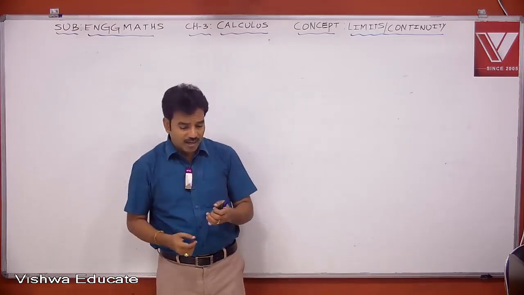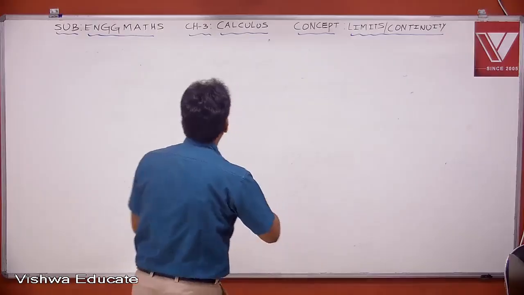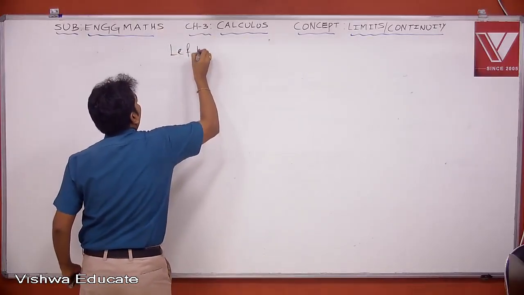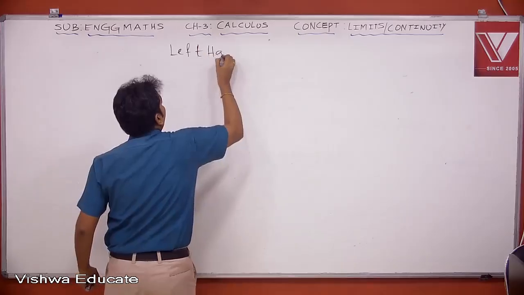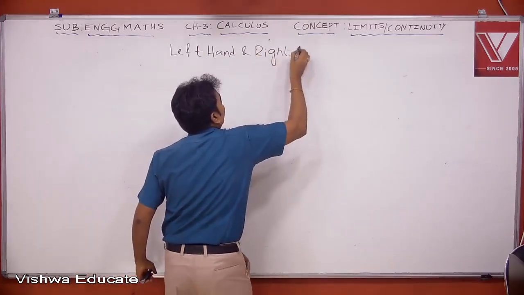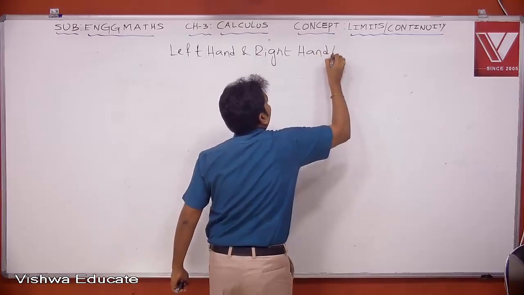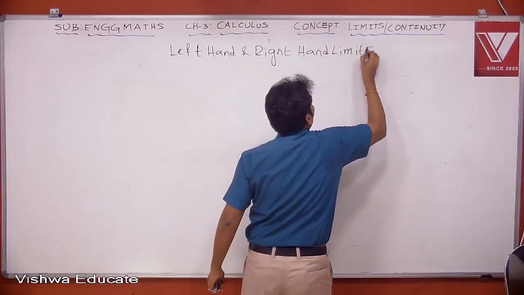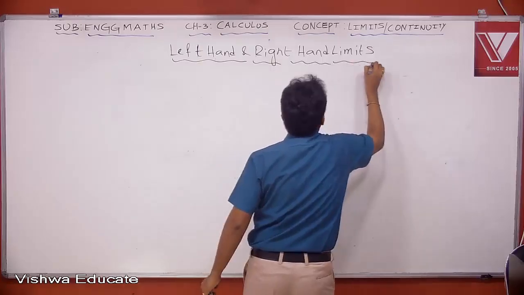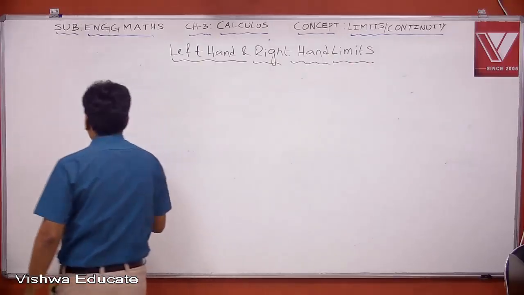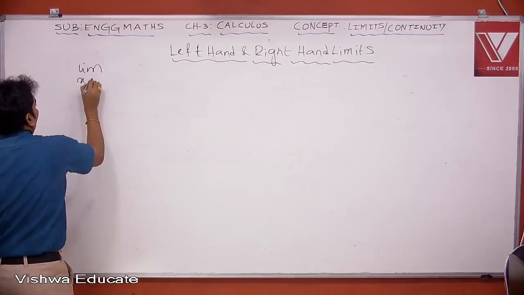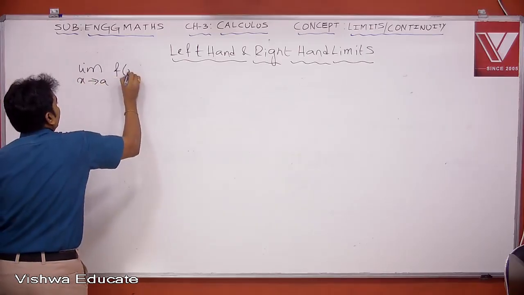Okay. So the next concept is left hand and right hand limits. Let us see. Suppose I want to calculate the limit as x tends to a of f of x.